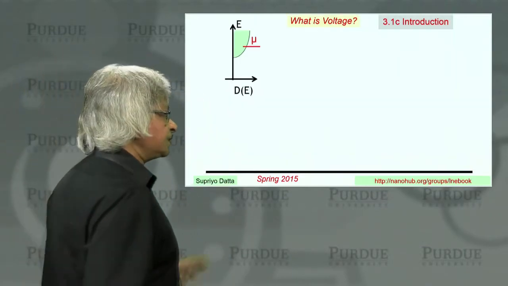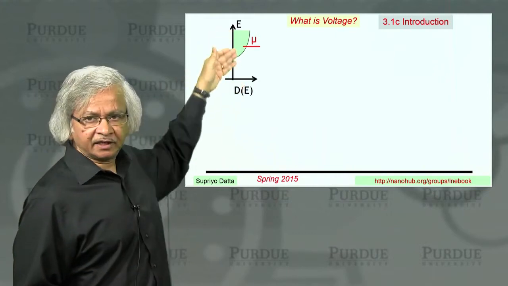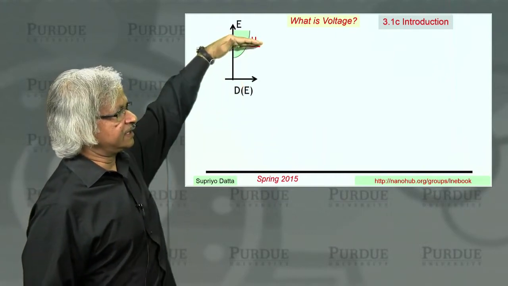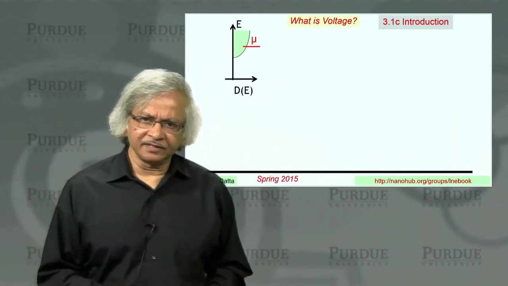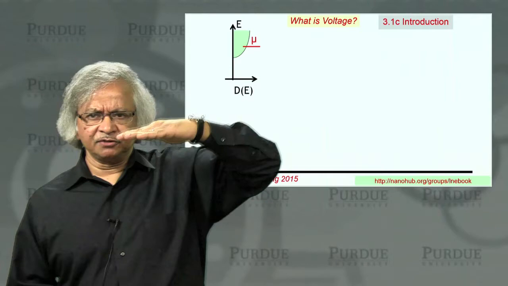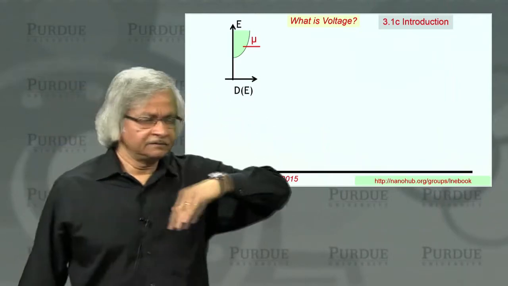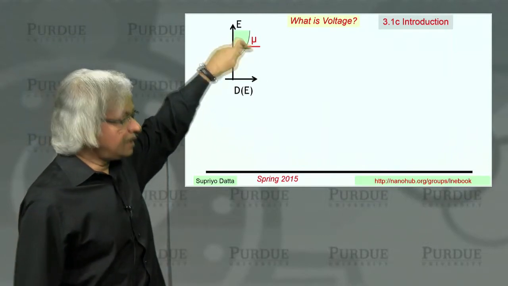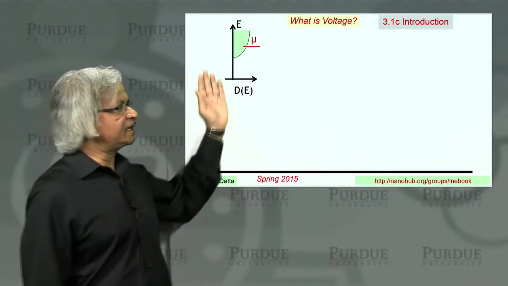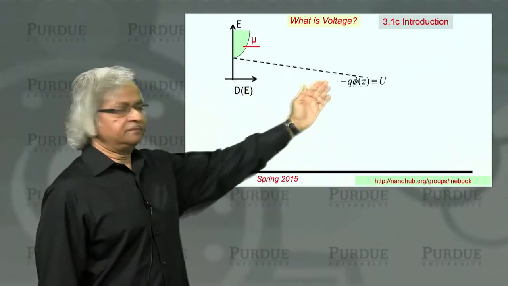Consider this structure, a channel with a density of states like I've shown here, and let's say that's the electrochemical potential. What does the electrochemical potential represent? Well, at low temperatures it would tell you the level up to which the states are all filled. Right? And this is what goes into the Fermi function, as we have seen. Now, supposing there's an electrostatic potential that varies across the channel.